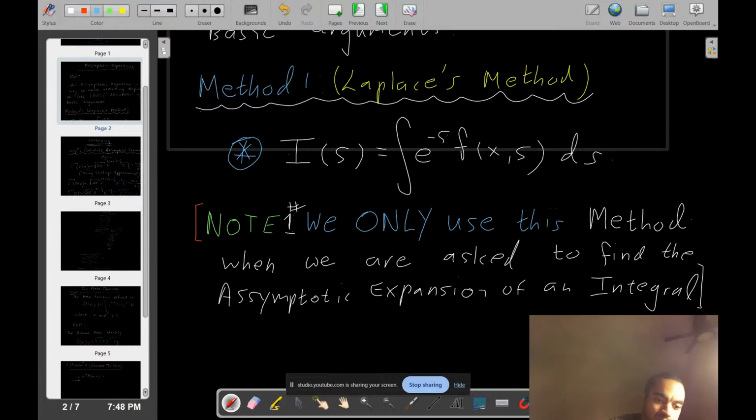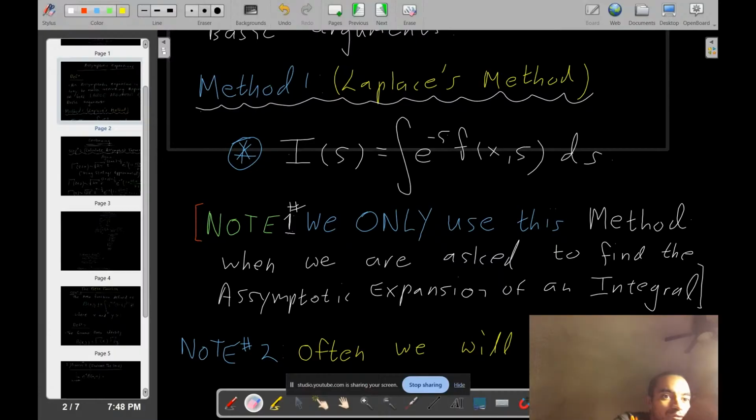I'm just making notes here on the theory, right? So note number 2. Often we will use IBP.